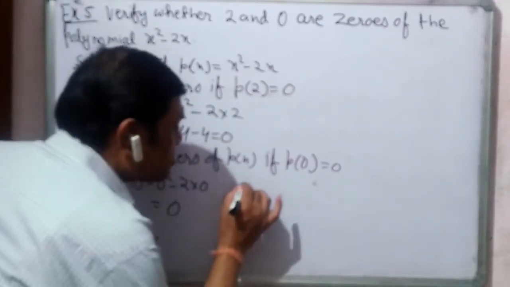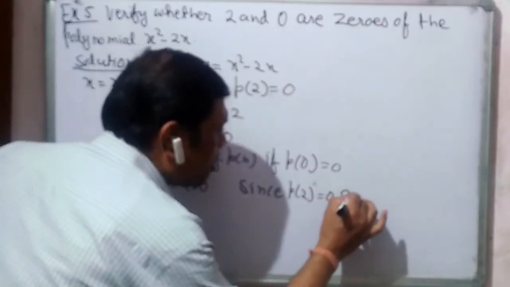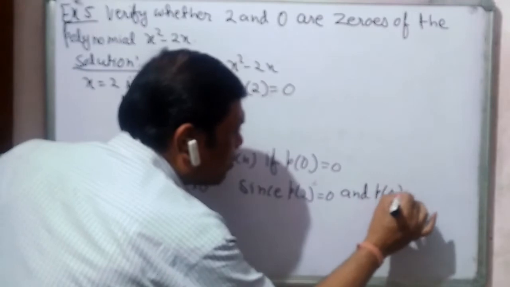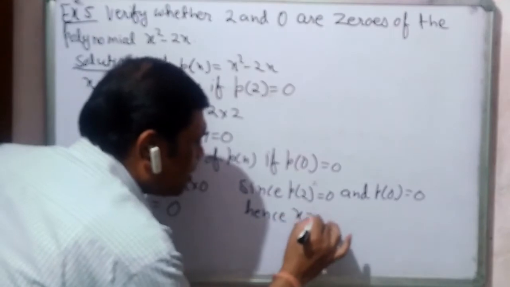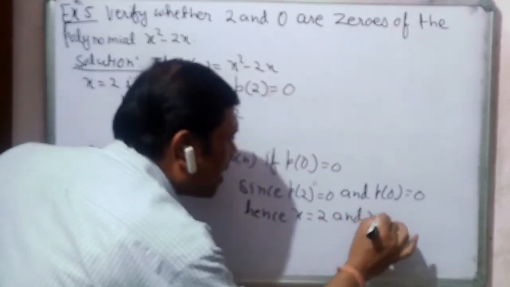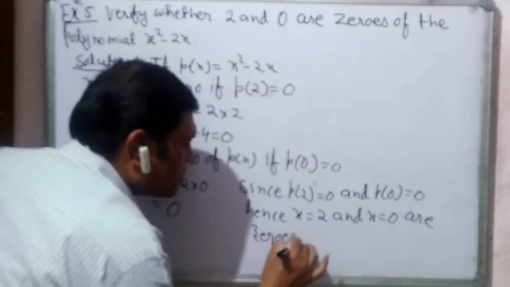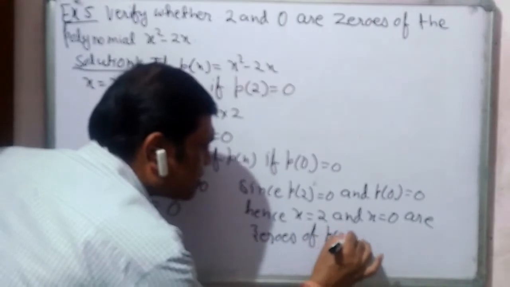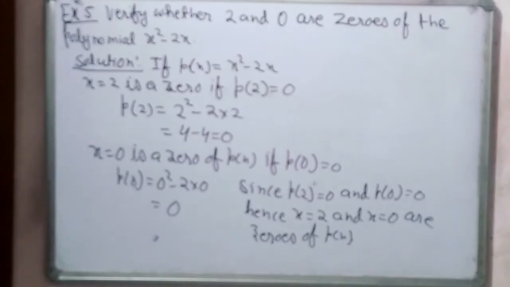So we can say, since polynomial's value at 2 is 0 and polynomial's value at 0 is 0, hence x equals 2 and x equals 0 are zeros of p(x). They are zeros of p(x) because at x equals 2 as well as at x equals 0, the value of the polynomial becomes 0.